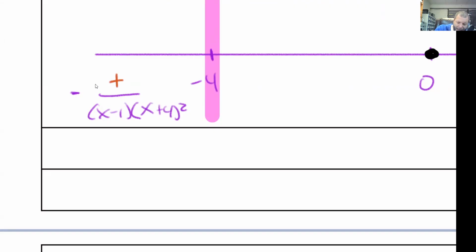If I plug in any number to (x + 4)^2 besides -4, I'm squaring it, so it's always positive. So what we really have is a negative, because the function was negative, times a positive, divided by another positive, and then this x minus 1. So realistically, we could treat this function in the table of signs as just a negative number over x minus 1.